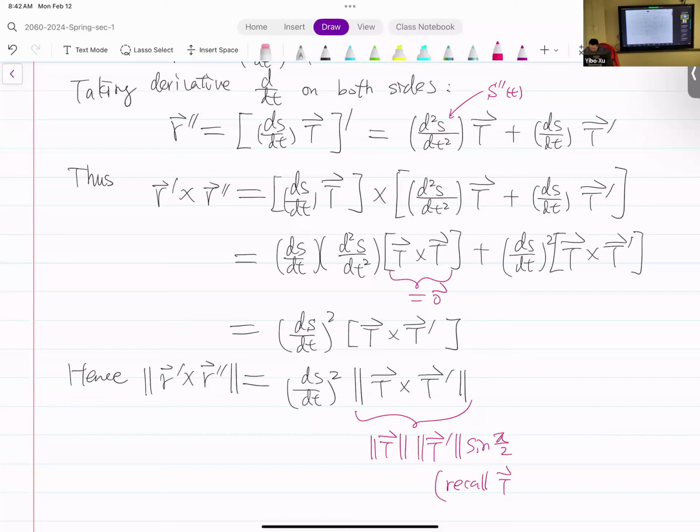Recall, T dotted with T prime is 0, always. That's something we proved earlier. So the sine of pi over 2 is 1. We know the magnitude of T, the unit tangent direction, is also 1. So now we have 1 times the magnitude of T prime times 1. So this is exactly (ds/dt) squared times the magnitude of T prime.